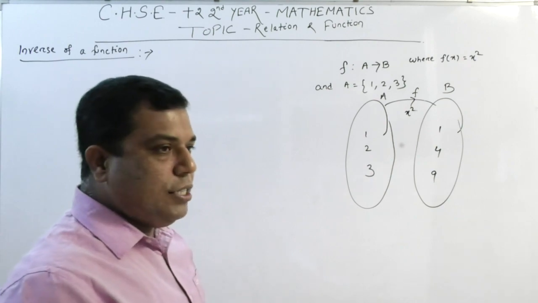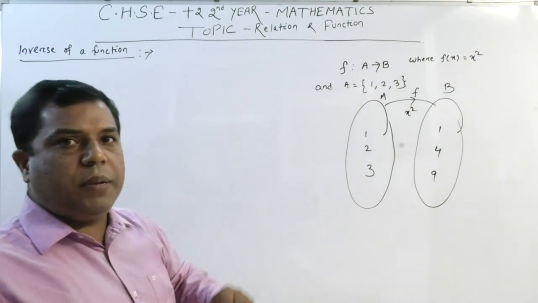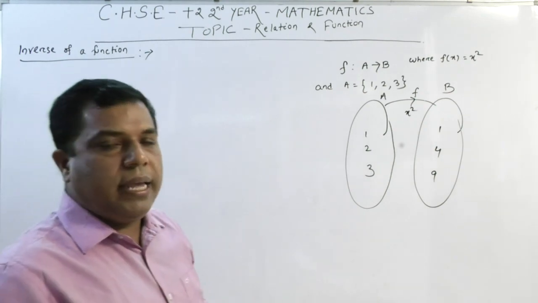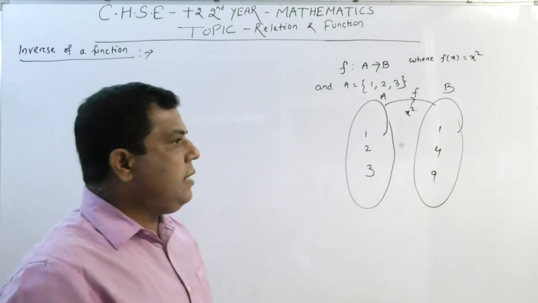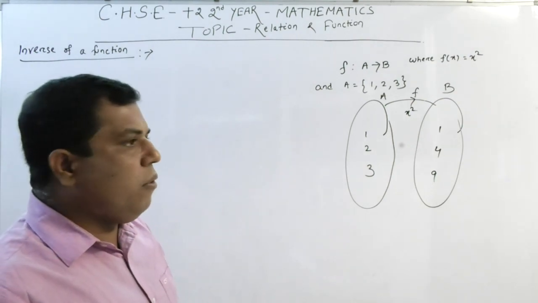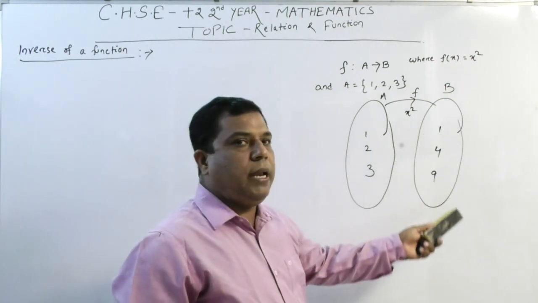Now you see what the inverse means. This is the function we define, f of x equals x square. Now somebody may think in our mind, is there a rule to find the pre-image values of these image values?